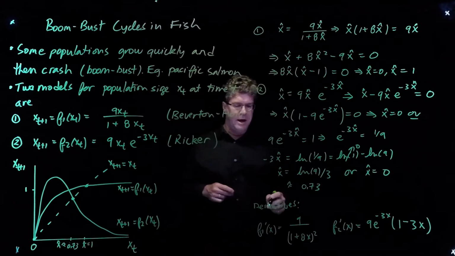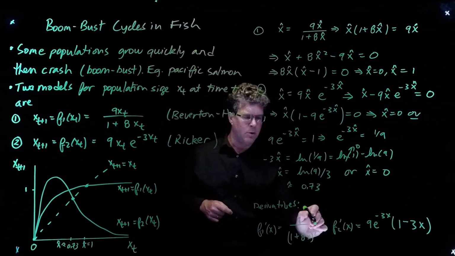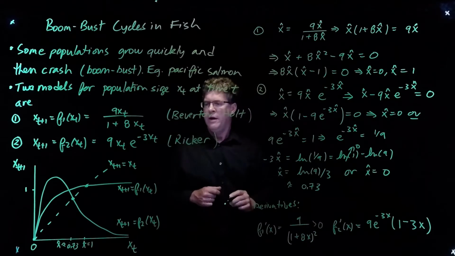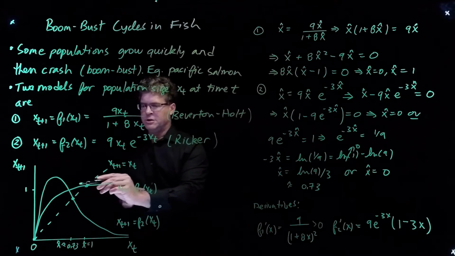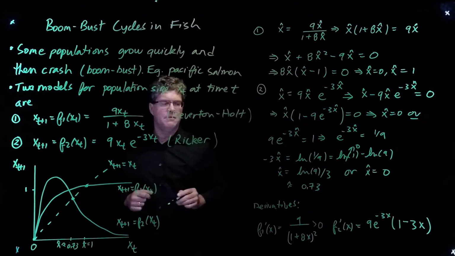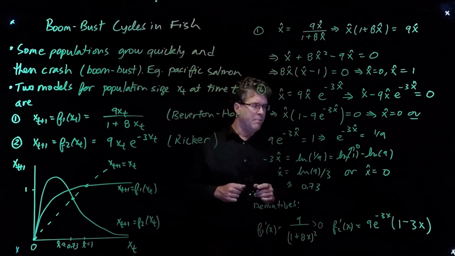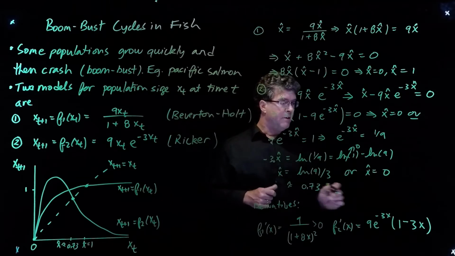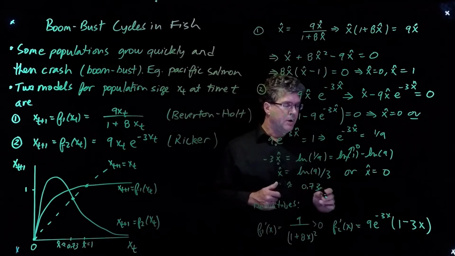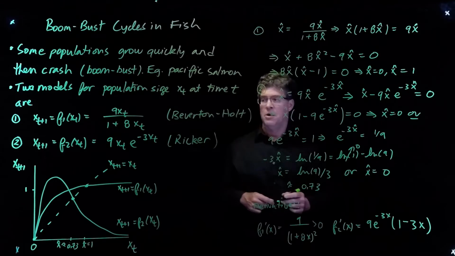Notice that for the Beverton-Holt model, this is always greater than 0, and as we see in the picture, the f1 function is an increasing function. For f2 prime, it will be less than 0 if x is bigger than a third, and greater than 0 if x is less than a third.